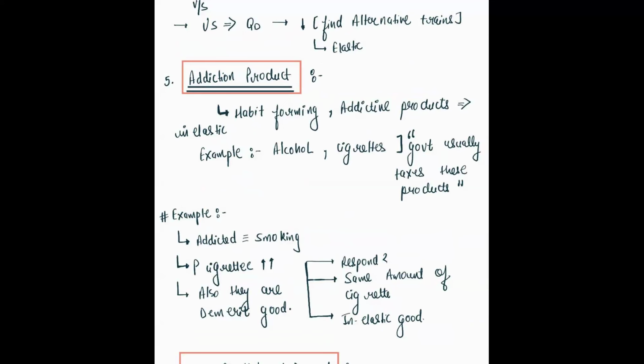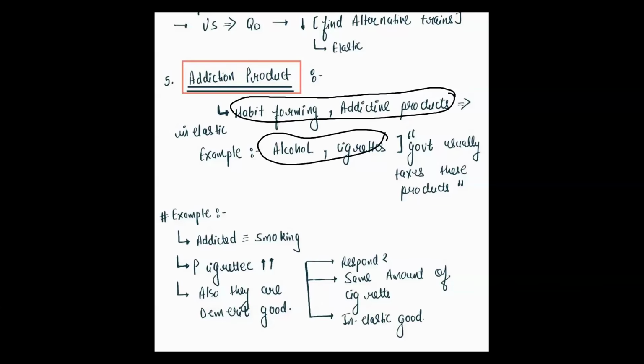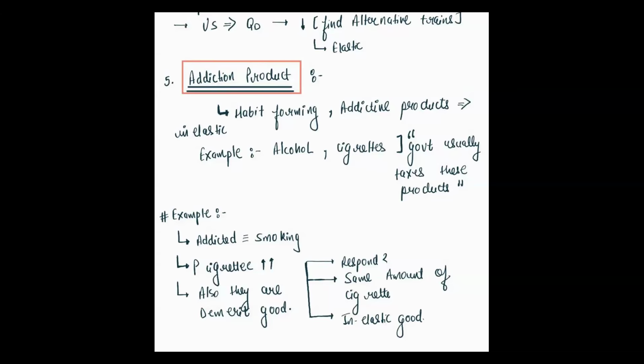Quantity demanded has no change, right? So habit forming, addictive products like alcohol, cigarettes, are inelastic in nature. इसीलिए government usually tries to tax more on alcohol, cigarettes, because वो inelastic product है. Quantity demanded will not respond that much to the change in price level. Even if the price level rises, quantity demanded will still remain.